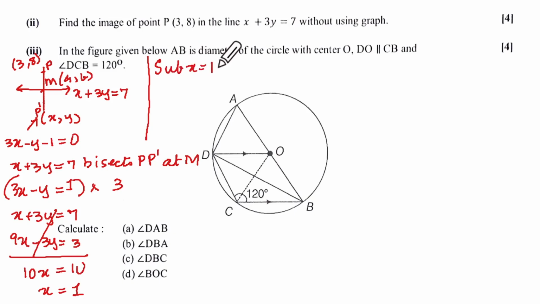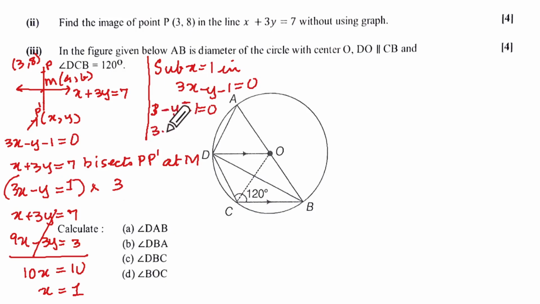Substitute x equal to 1 in 3x minus y minus 1 equal to 0.